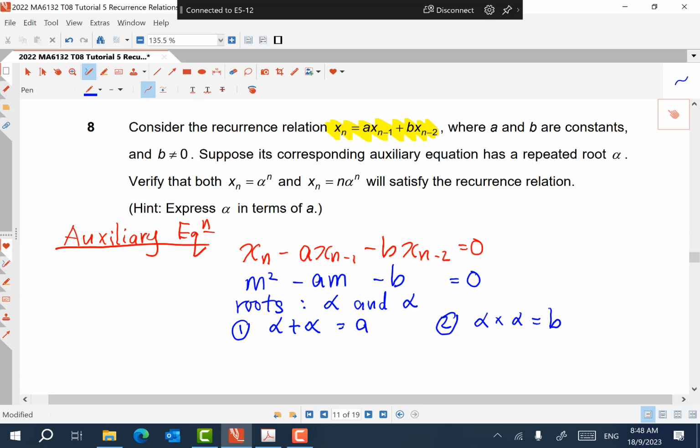That A is 2 alpha and B is alpha squared.